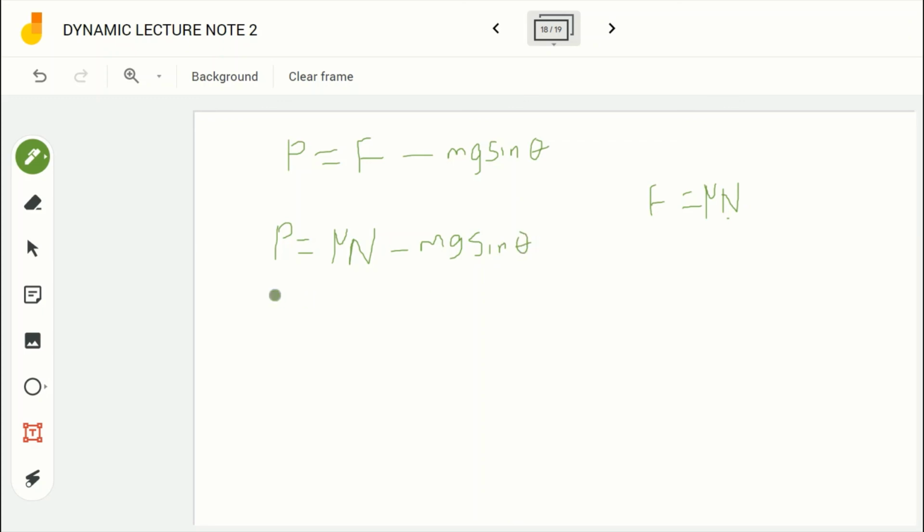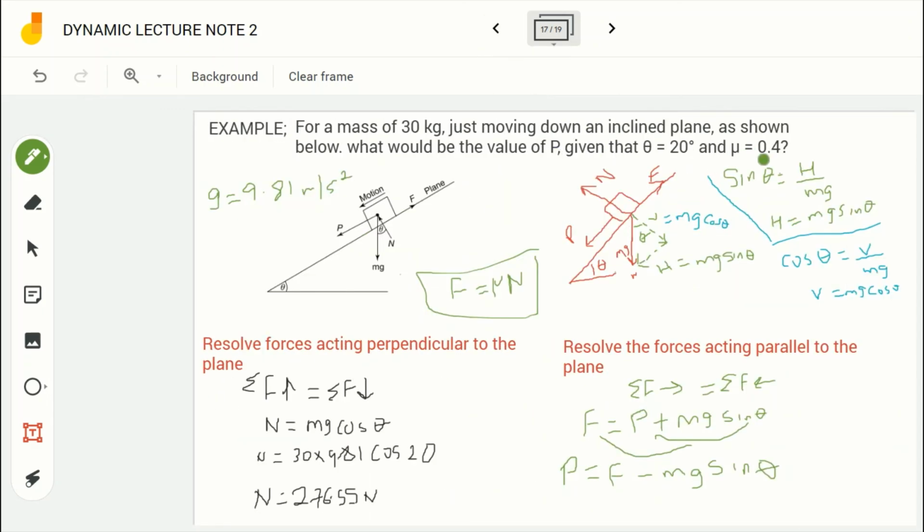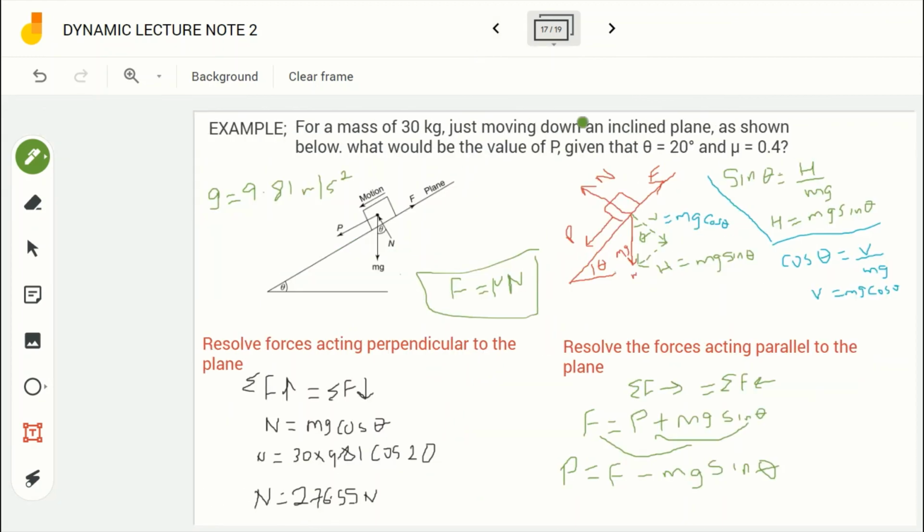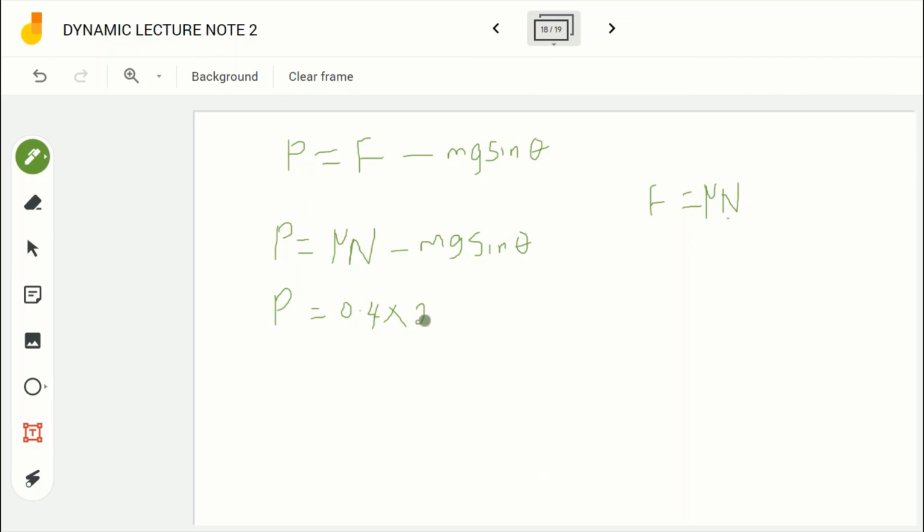So we can now log in the data. P is equal to the value for my rho, which the question gives us as 0.4, times our N, which is 276.55, minus my M, which is 30, my G, which is 9.81, sine 20.